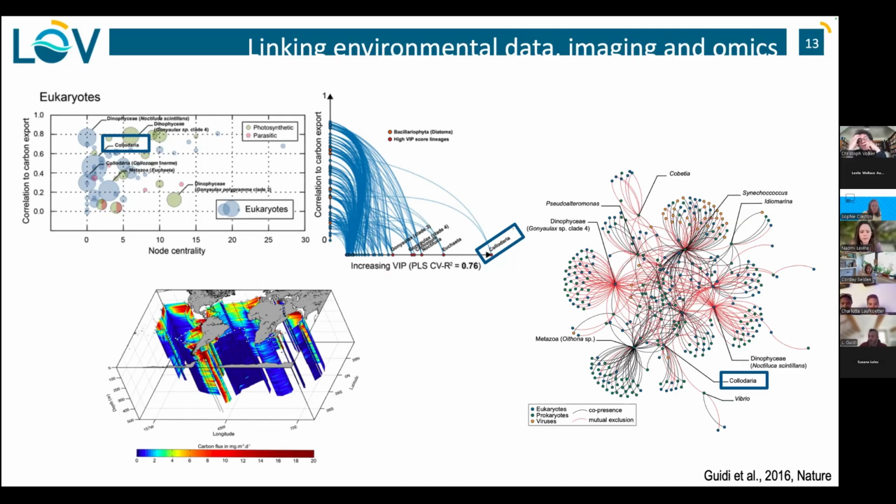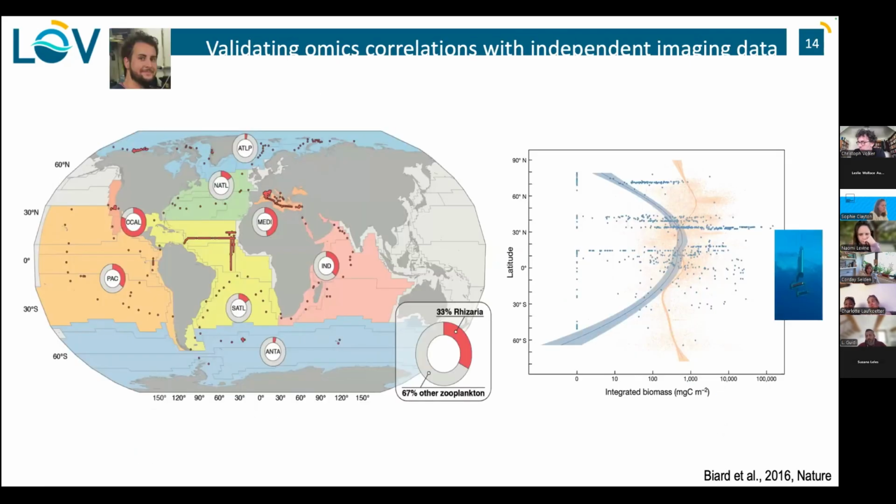There was only one paper at the time that suggested that collodarians were species of interest for the biological carbon pump, from Rampit, based on a time series off the coast of the UK. And so we were wondering if it was just because of an amplification issue based on the genomic data, or if it was actually true. So luckily, we had imaging data.